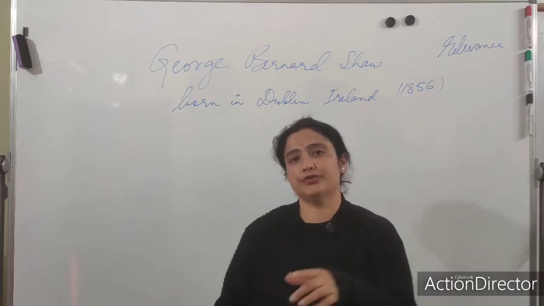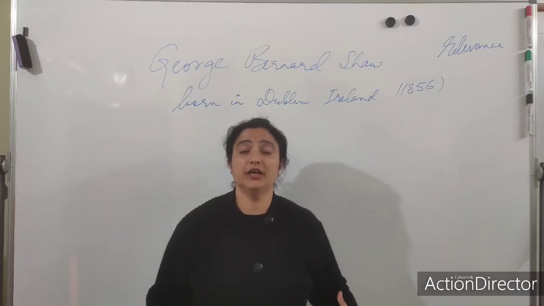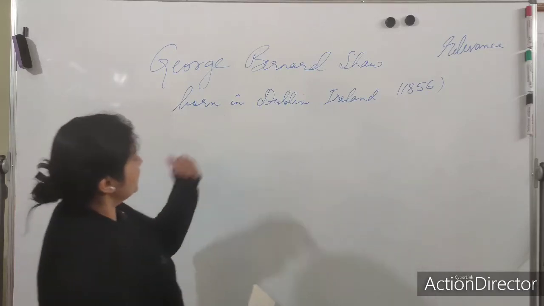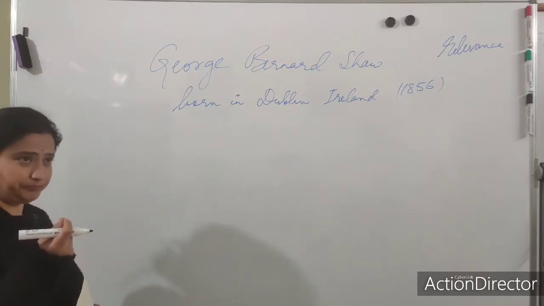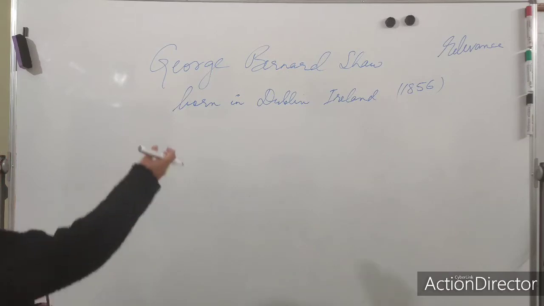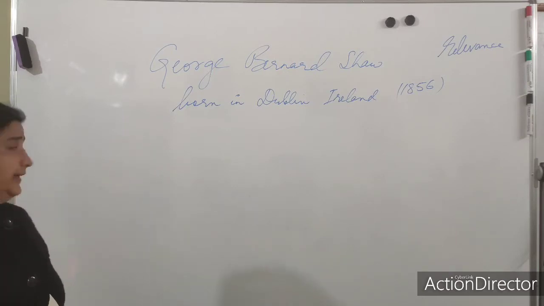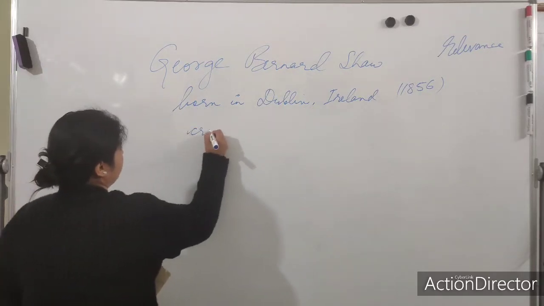He was a music critic also. That influence of music he got from his mother, of course, right? So if we have to talk about the important points about Shaw and his life, we would say, of course, he was born in Dublin, Ireland, and he was a great critic.